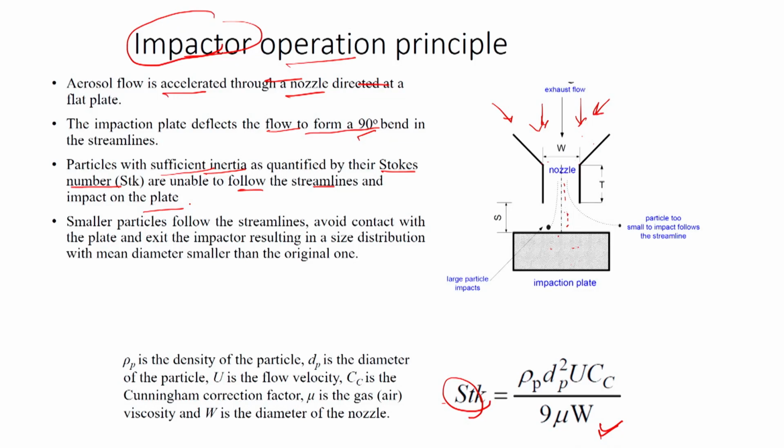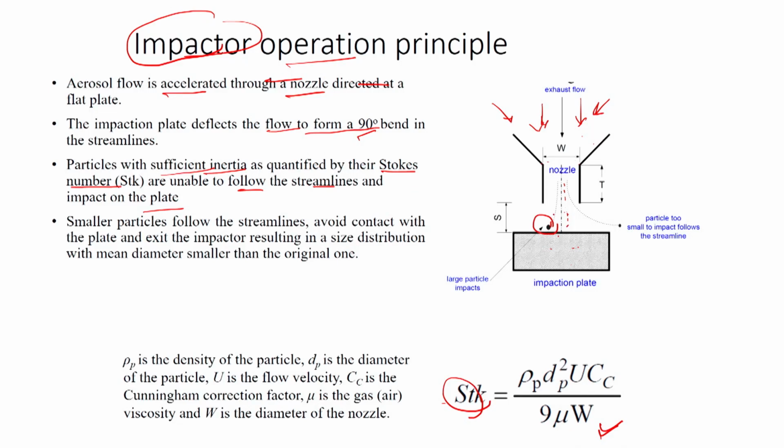Those particles having less inertia will not impact on the surface, and they will go away. For example, this is a bigger particle, so its Stokes number will be very high.